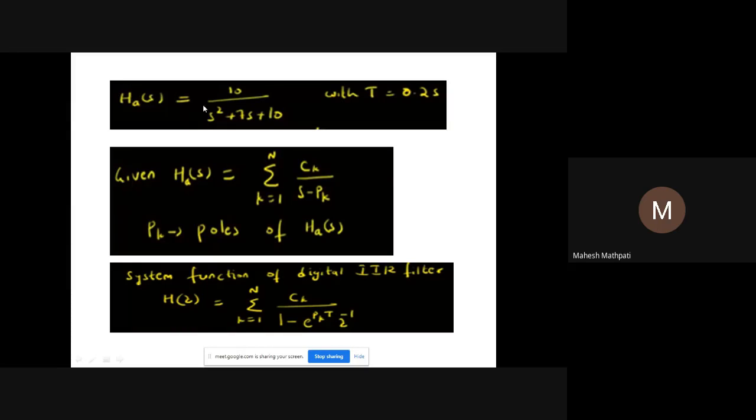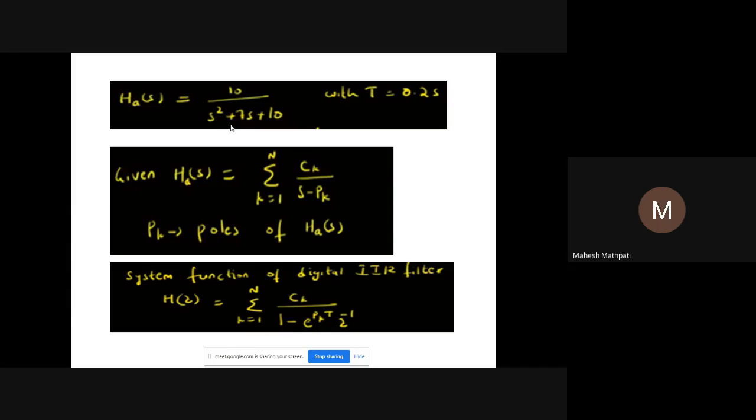HA of S is equal to 10 divided by S square plus 7S plus 10, with T equal to 0.2 s.